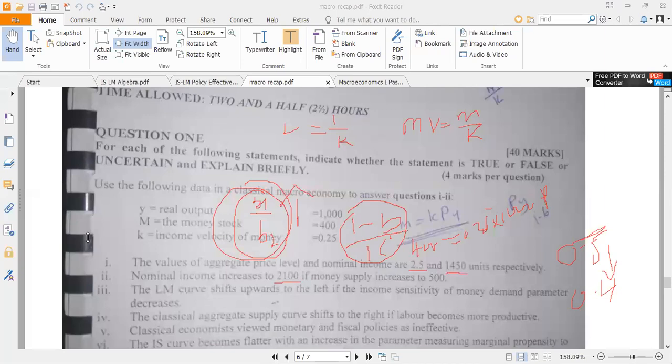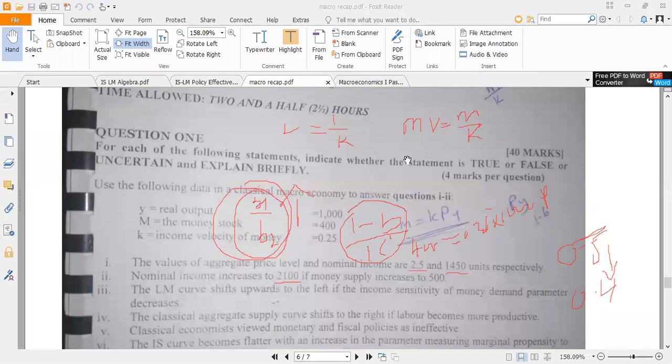If you see B as marginal propensity to consume, then they will use C1 and C2 for income sensitivity and interest sensitivity of money demand. But if you see B1 and B2, then they are using those for money demand, and they will use C1 and C2 for the consumption function. So it's just a matter of notation. When labor becomes more productive, it causes an increase in the demand for labor.